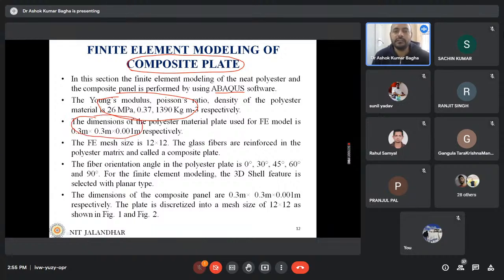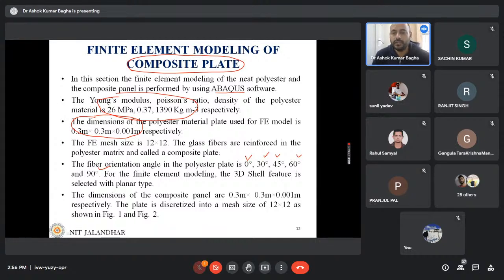So these three inputs are provided by you when you are using any kind of software: the dimensions, the boundary condition, and the material elastic properties, right? The fibers again can be reinforced in 0 degree, 30 degree, 45 degree, 60 degree, and 90 degree.